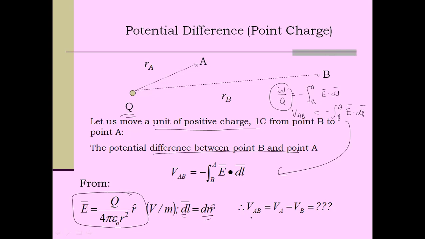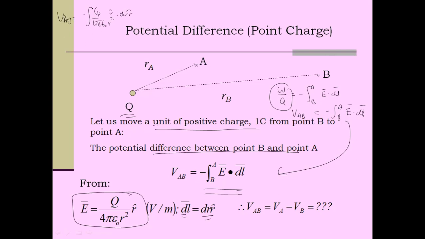So from these known values of E and dl, we can calculate the potential difference between 2 points due to a point charge. From here, we can write that VAB will be equal to the negative integration of Q over 4 pi epsilon naught R squared in the R direction, dot dr in the R direction, which is E dot dl.